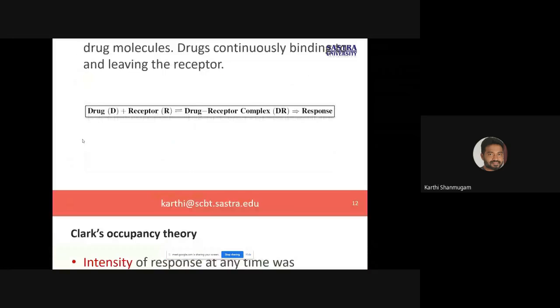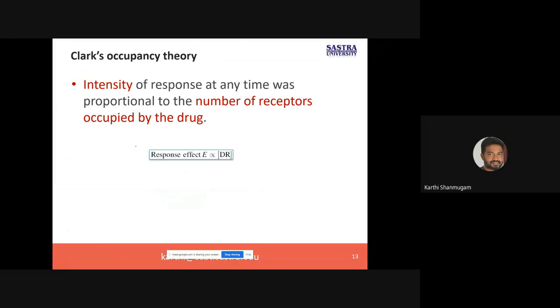The second assumption he made concerns the intensity of the response, right? Say, for example, we plot a graph between response and dose.